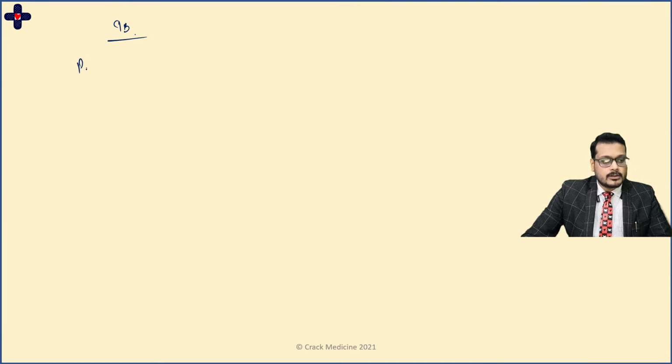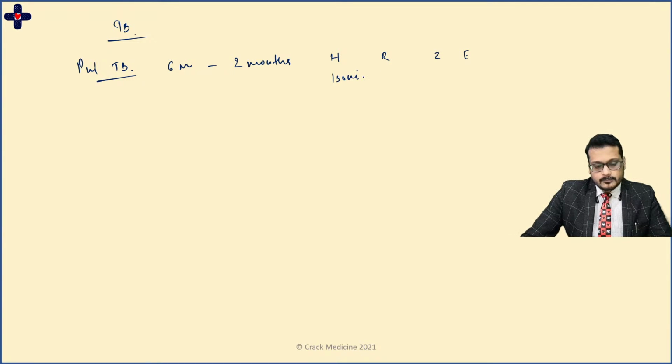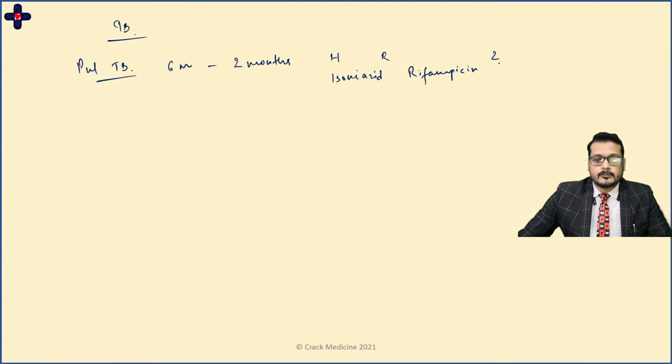In pulmonary tuberculosis, like you all know, the treatment is totally for 6 months, right? In that 6 months, the initial 2 months, you have 4 drugs. That is, like one of my friends said, isoniazid, rifampicin, pyrazinamide, and ethambutol.